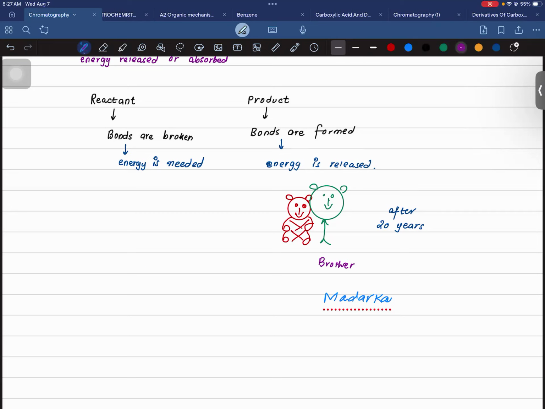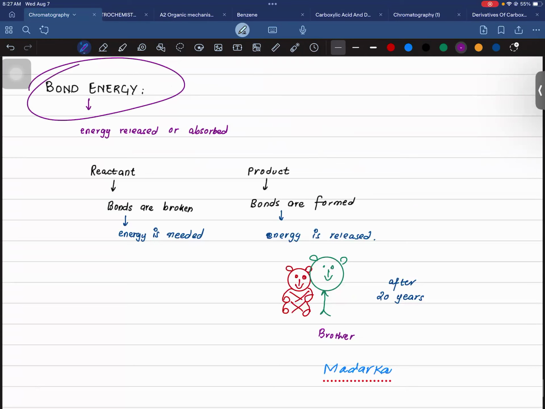Why am I telling you these things? As we have discussed, when energy is released the reaction is exothermic, and when energy is absorbed the reaction is endothermic. I told you in the last class that the examiner would be asking the definition of exothermic and endothermic on the basis of bond energy.